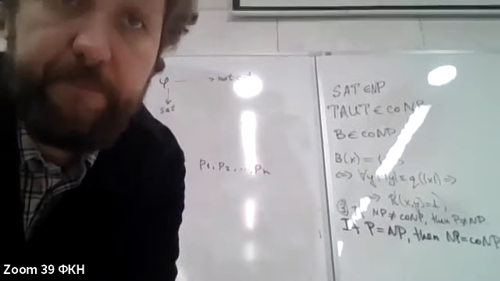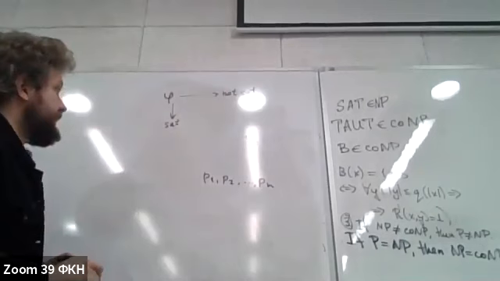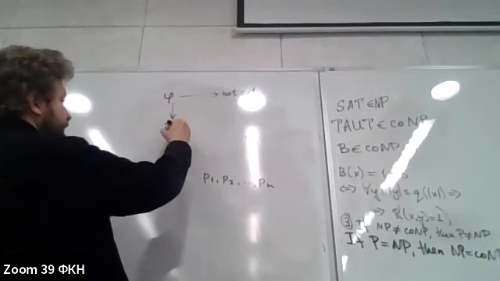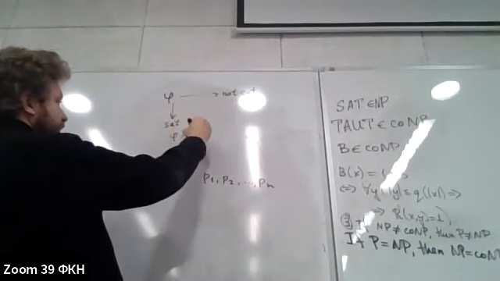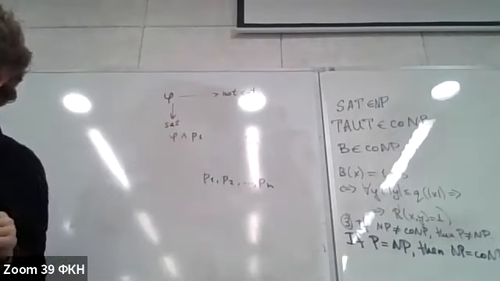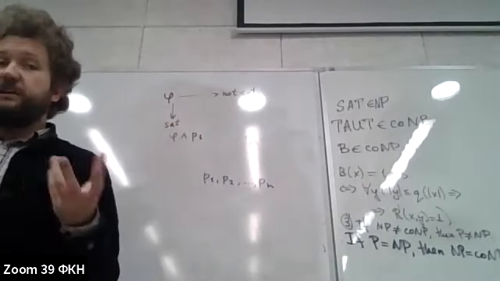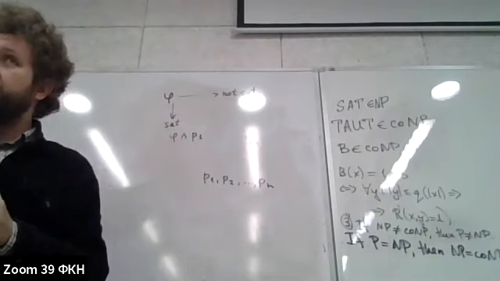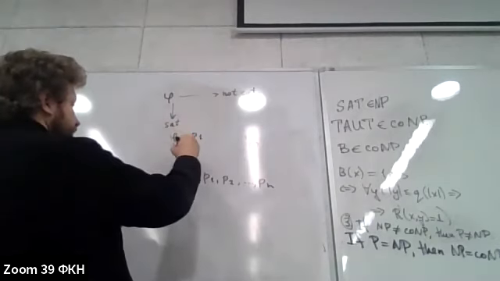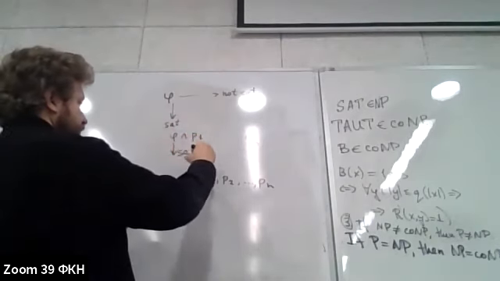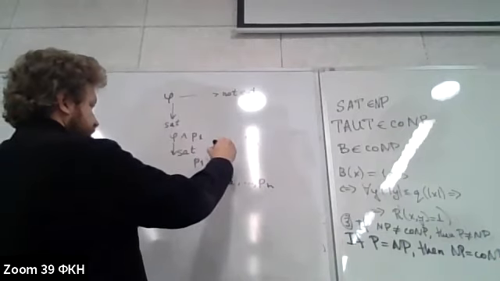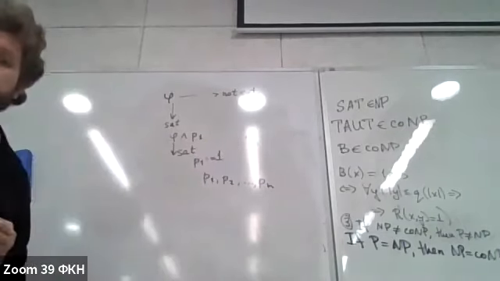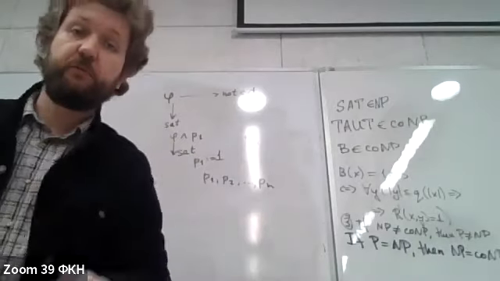So what do we do next? Next we say, okay, let's try phi and P1. Again, we check it for satisfiability. If it is satisfiable, then we can write that P1 equals 1.